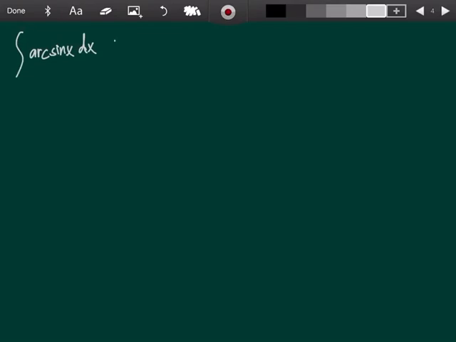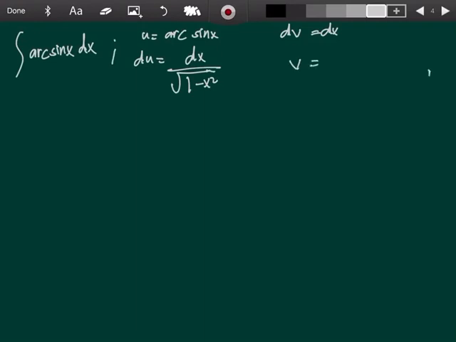So we'll use u as arc sine x and we'll use dv as dx. Para ang du nito, ano ang derivative ng arc sine x? It is dx over square root of 1 minus x squared. At ang v naman ay obviously x.